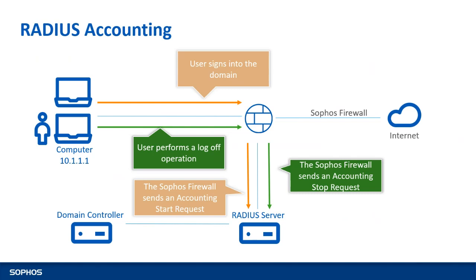This is really important. RADIUS accounting can be very useful when working with third-party wireless controllers, as it provides a mechanism for logged-on user details to be passed to the firewall, allowing single sign-on and accurate reporting.